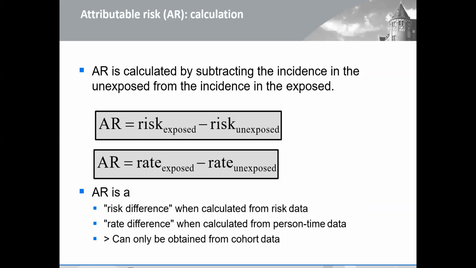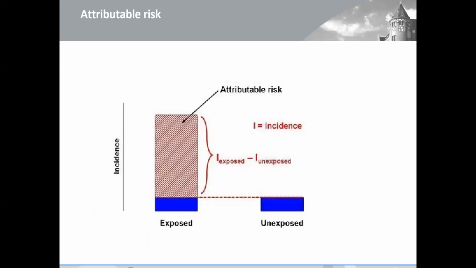Because it's about incidence. In other types of studies which are not cohort studies, like cross-sectional studies, you'll not be able to calculate incidence. So the attributable risk, you can only get when you are using cohort data. You can calculate it using risk data, where it is called a risk difference, or using person-time data, where it becomes a rate difference.